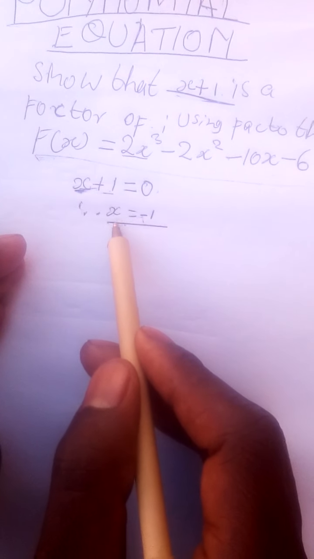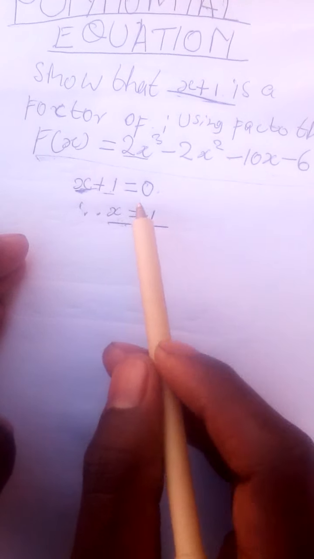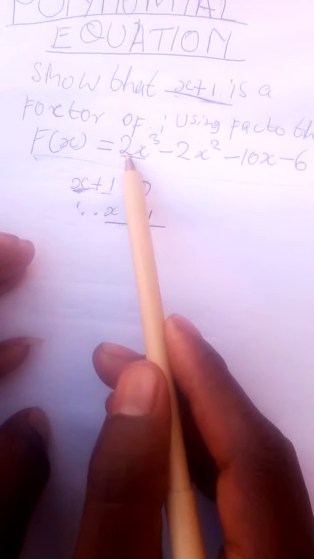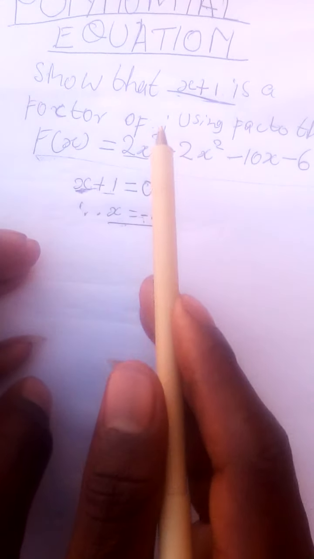If you don't get 0, you have to know that the value is not a factor of that equation, because if it's a factor, when we substitute that specific value, it has to give us 0. And why are we saying x plus 1 is a factor? Because at the end, when we factorize this, we want to multiply this factor with the simplification that we get from this equation.